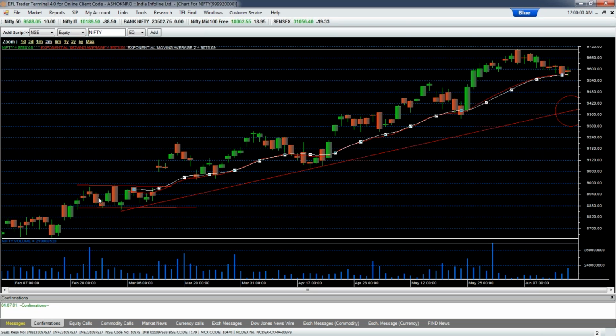The contra will work. However, with respect to the sideways market, when it has to be continuous money making, the tactic should be scalp trading. So that is the best thing which can make money for you in a sideways market.